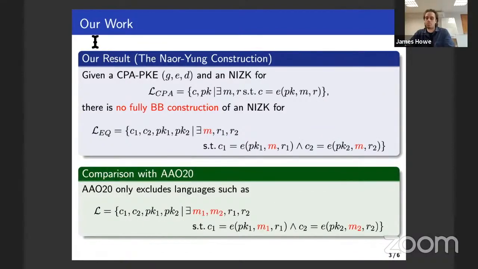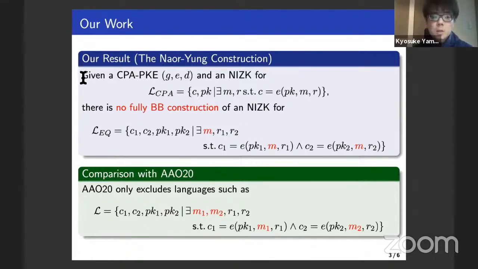In this work, we focused on the Naor-Yung construction and showed the following result. Suppose we are given a CPA PKE and an NIZK for the language LCPA. This NIZK proves that a ciphertext is valid under a public key.